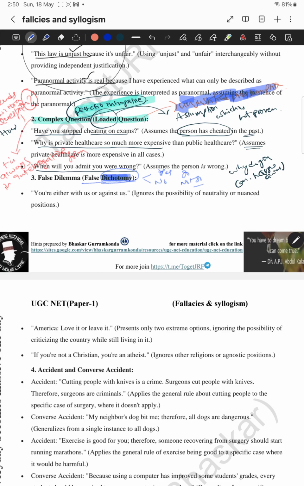Here you will not think of neutral or middle. You always think of two bipolars only: yes or no, come or don't come, good or bad. There won't be any medium person. That is what the false dilemma is. You will be fighting between these two things.